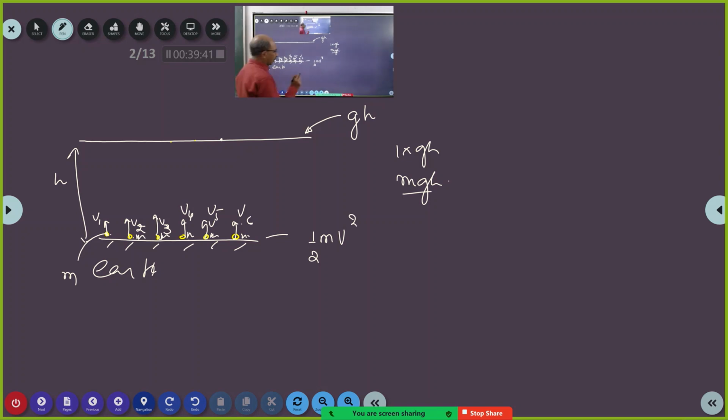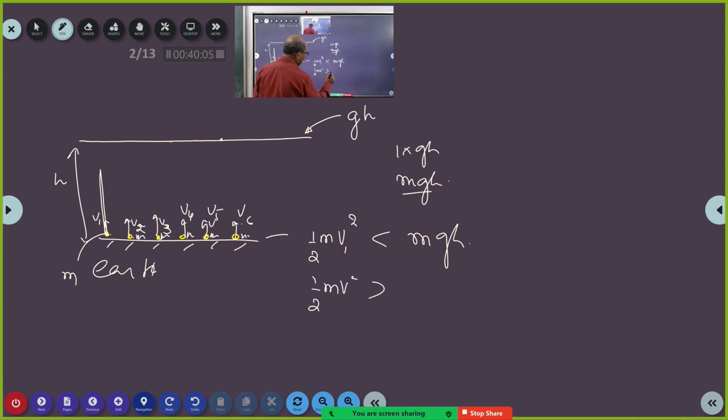Say, if half m v1 squared is less than mgh, then it will go up to here and come back. Those whose half m v squared is greater than mgh will pass this line and go beyond. Correct now? Yes.